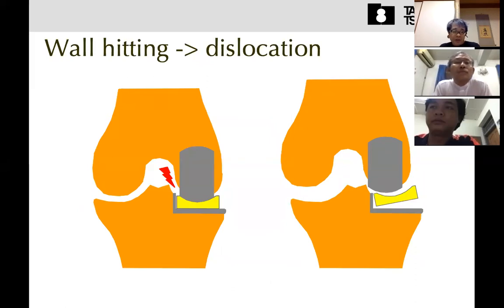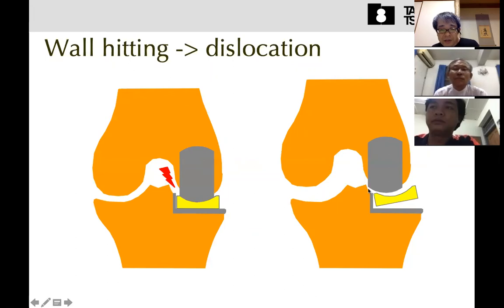And the cause of dislocation is wall hitting. So previously we focused on the anterior and posterior movement of bearing, but in the coronal movement, the medial lateral movement is also important because like this, too medial placement of bearing can hit the bearing against the lateral wall of tibia tray.